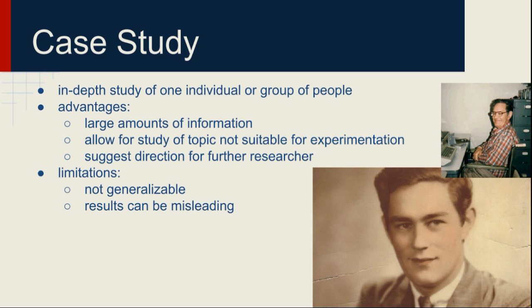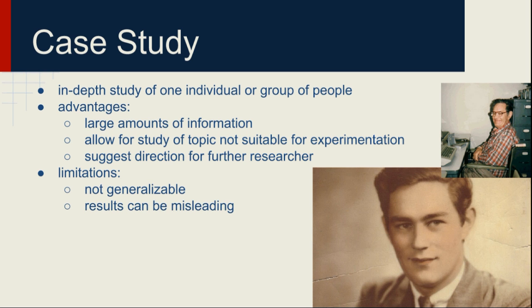And what it comes down to is, case studies are usually done on very unique individuals, and can be unique for a variety of different reasons. They could be unique because they have some sort of really special ability or talent. They could be unique because they grew up in a very interesting, different social environment. They could be unique because they have some sort of brain abnormality.